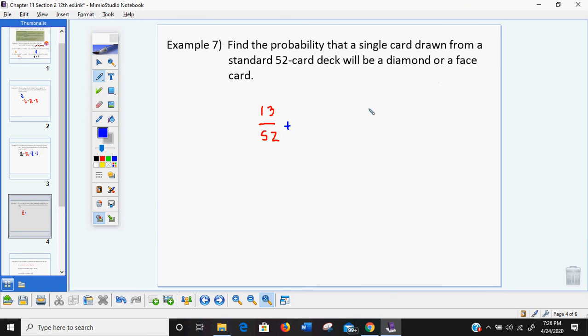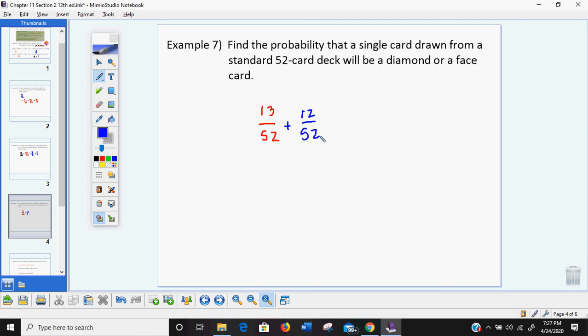So a face card. There are 4 face cards, nope, 3, Jack, Queen, King, in each set. So there are 3 hearts, 3 diamonds, 3 spades, and 3, what did I leave out? Clubs, that's the one. So we have 12 face cards altogether, 12 out of 52.